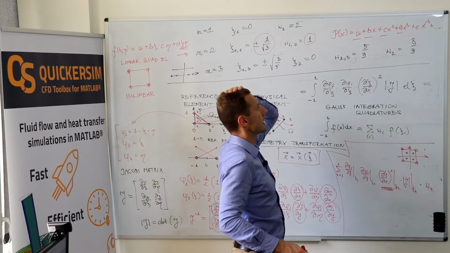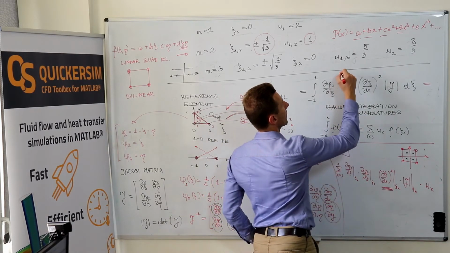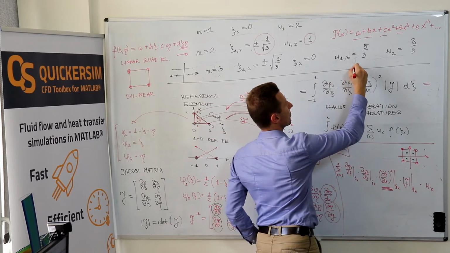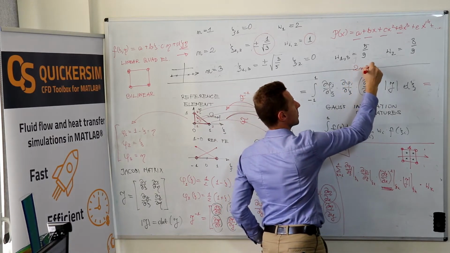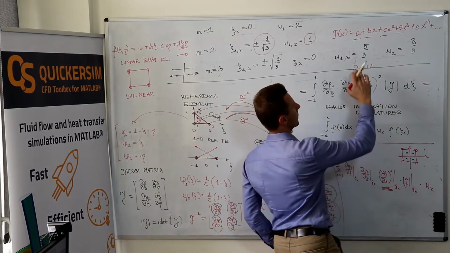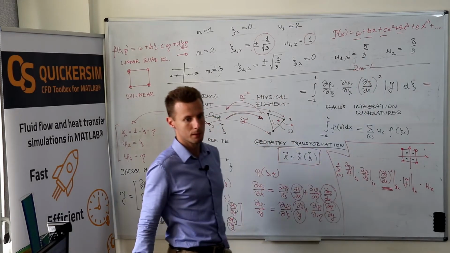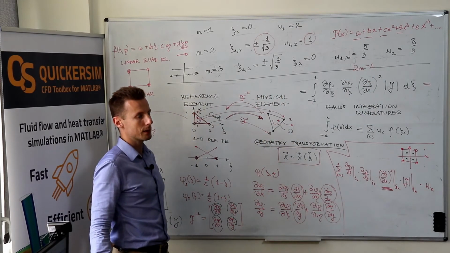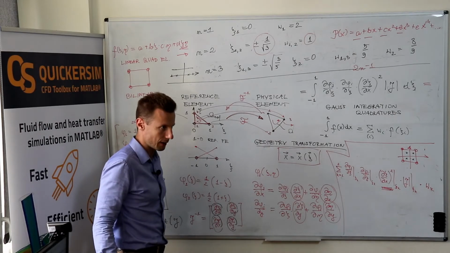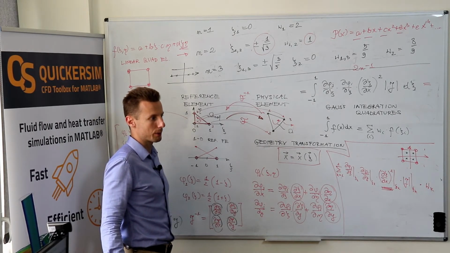So basically, it means that polynomials of degree 2n minus 1 can be integrated with infinite accuracy by the Gauss quadrature.